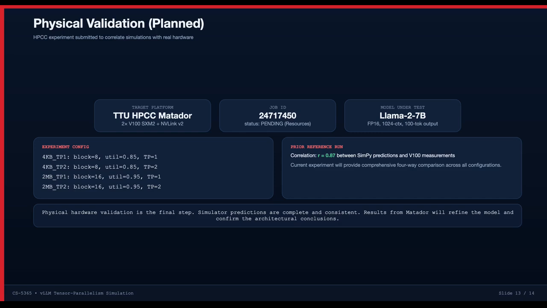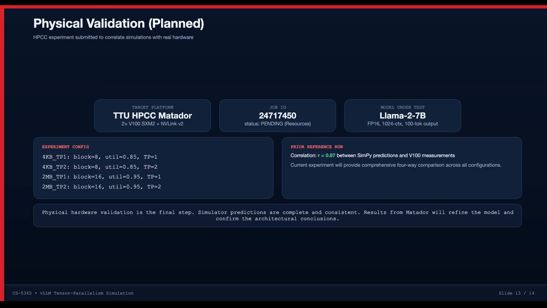Sorry, this slide is not updated, but I have the updated Slurm job: the DeepSeek R1 distilled 14 billion, which is a non-gated 14 billion parameter model running in FP16 format with 1024 token context windows and 100 token outputs. The experiment configuration box on the left shows the 4 configurations being tested.